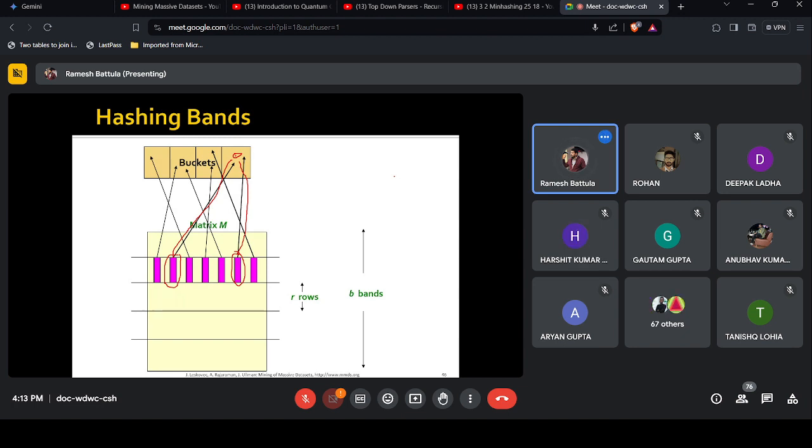Are you fine? Any doubts over here? Very simple it is. This is band 0, suppose. This is band 1, this is band 2, this is band 3, and this is going to be band 4. In this case, each band consists of a row of documents.